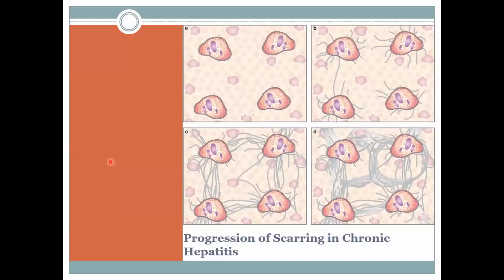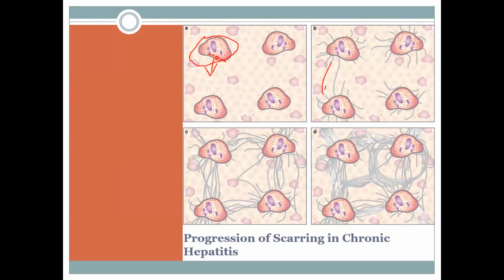So this is an example of what happens in chronic hepatitis. You can see that the first step is going to be the presence of this increased number of inflammatory cells, far more than normal, and then the spillover of these inflammatory cells into zone 1 of the hepatic lobule over the limiting plate that we have talked about, the imaginary limiting plate.